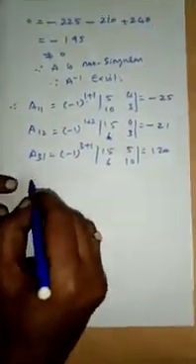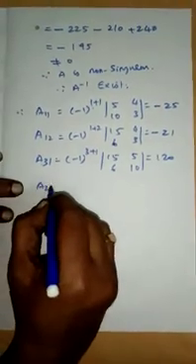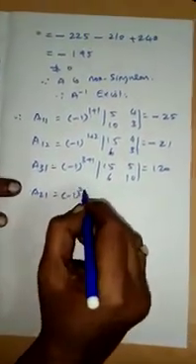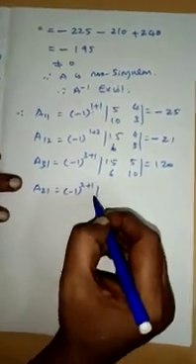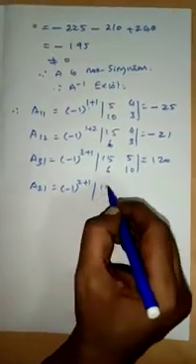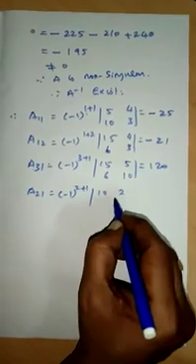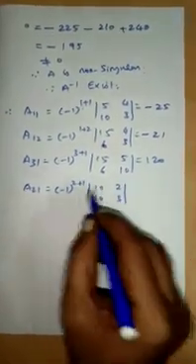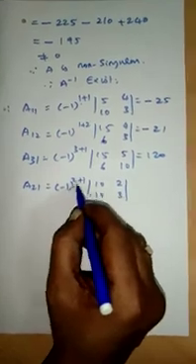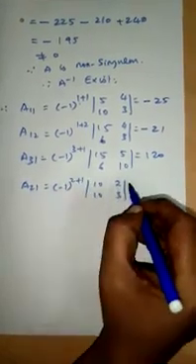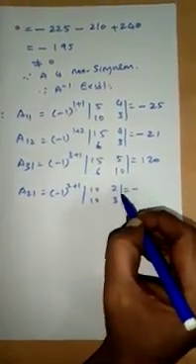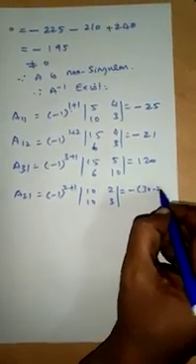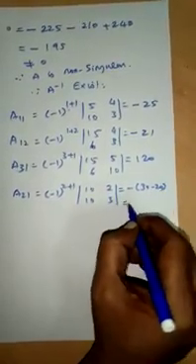Therefore, A21 is equal to minus 1 power 2 plus 1 and its minor is 10, 2, 10, 3. 2 plus 1 is 3, minus 1 power 3 is minus, and cross multiplying we get 30 minus 20, that's equal to minus 10.